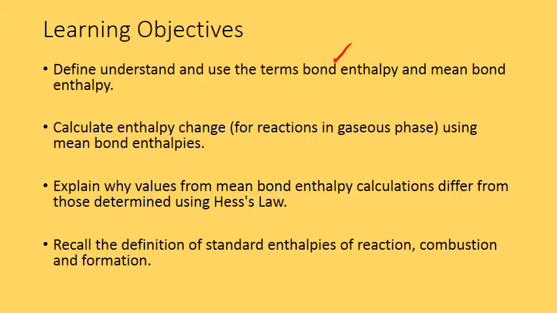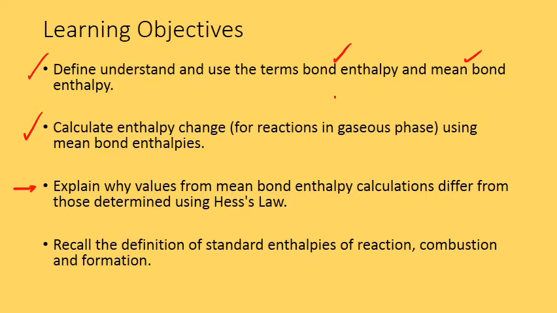So bond enthalpy, the energy to break a bond, and the mean bond enthalpy is just the average for that bond in lots of different molecules. So we did that, and then we calculated enthalpy changes using mean bond enthalpies. We did 2 examples of that. But in the third one, I don't think we explained why values from mean bond enthalpy calculations differ from those determined using Hess's law. We didn't do that.